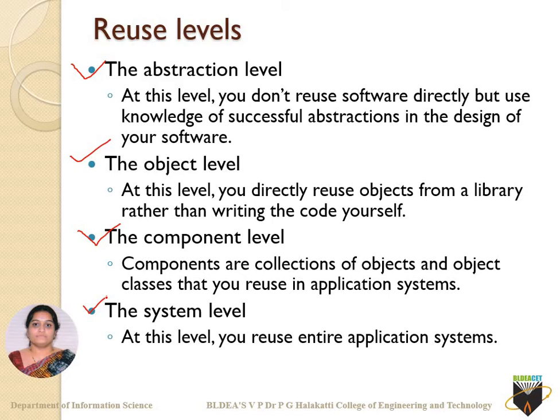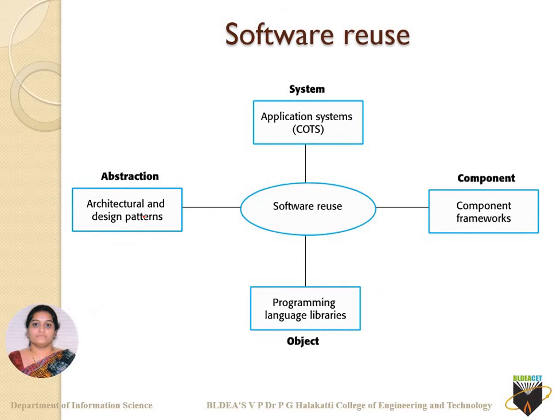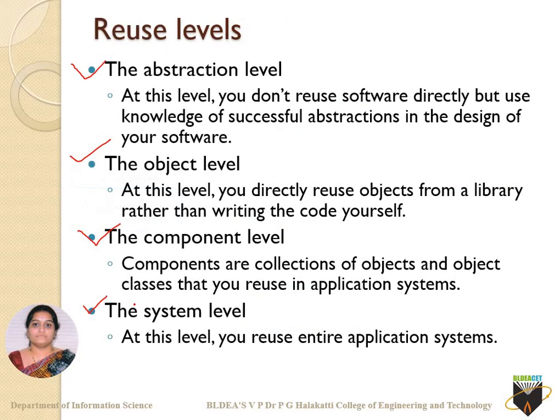Component level says that components are collections of objects and object classes that you reuse in an application system. At the object level you are not creating a new one; instead, you start using things from the library rather than writing the code yourself. Then the system level says that at this level you reuse the entire application system. So that's the reuse level at the system level.